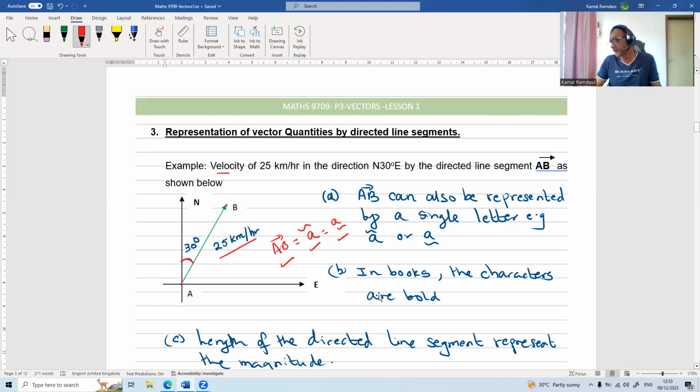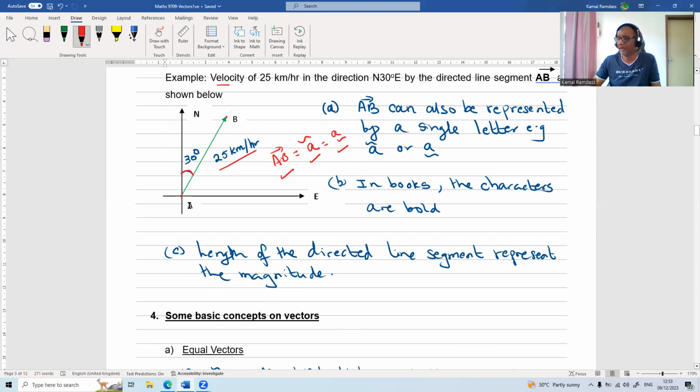In books, the characters are bold. Li dit que when the characters are bold, they are vectors. Bon, the length, sa length, et bien sûr, ça document-là, sans son explication-là, bien sûr. OK, juste pour la vidéo, je vais mettre une rature là pour expliquer.